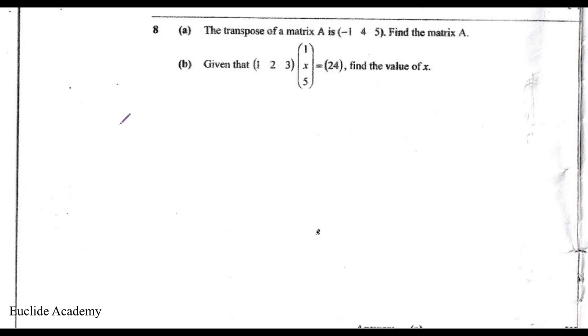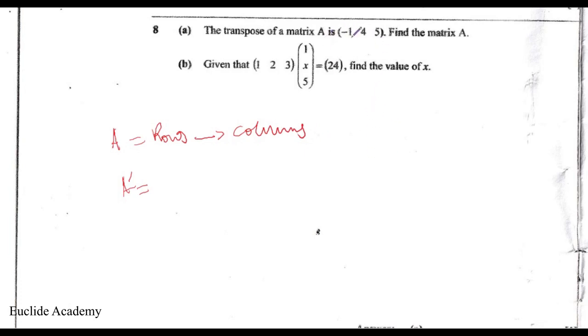So if I give you a matrix A, and I tell you to give me the transpose of the matrix A, what I mean is give me another matrix where the rows of A become columns. The rows of A will change into columns.